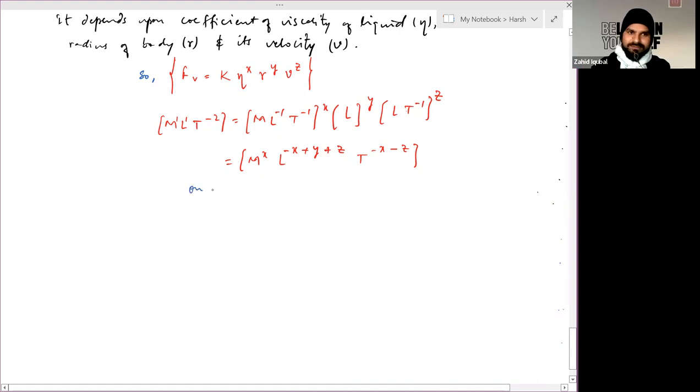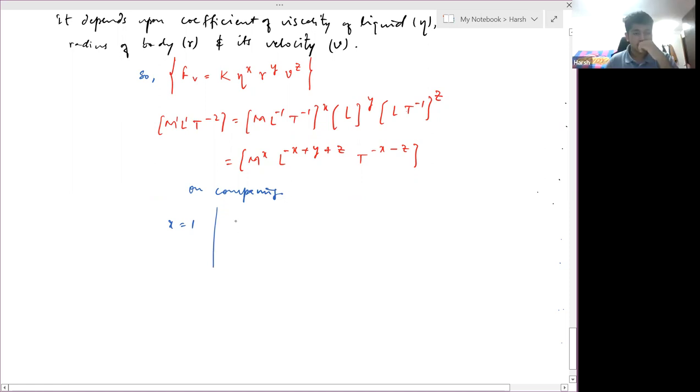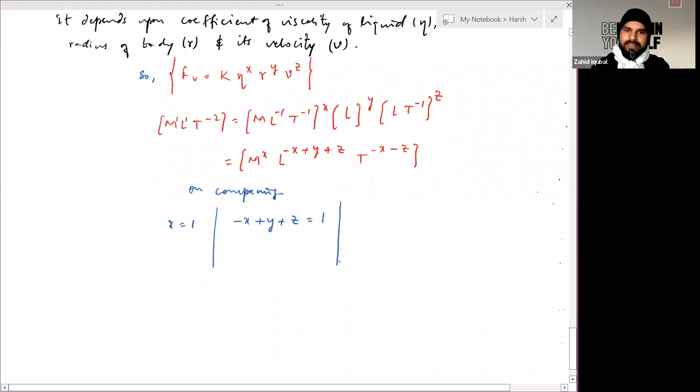Let me solve. On comparing the exponents, we have M raised to x on the right side and M raised to 1 on the left side. So on comparing, x will be equal to 1. Next, for length, we have -x plus y plus z equals 1. And for T, -x minus z equals -2.